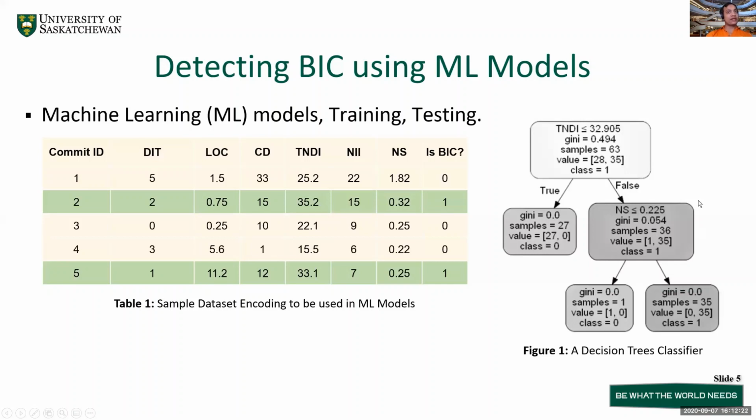What I did in this study is that I tried to evaluate, based on these feature values extracted from the source code quality metrics, how efficiently machine learning algorithms determine the bug-inducing commits and non-bug-inducing commits from the test datasets.